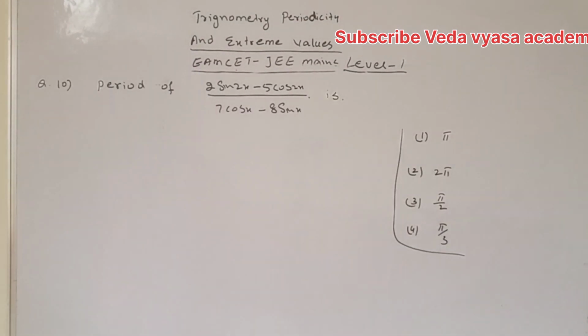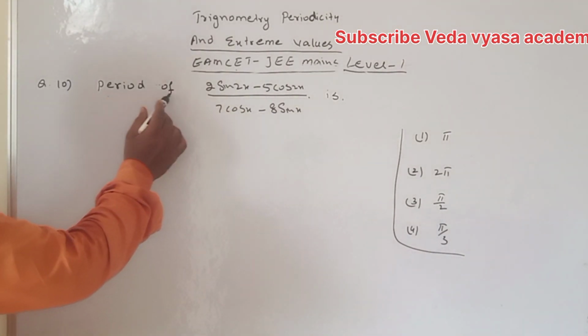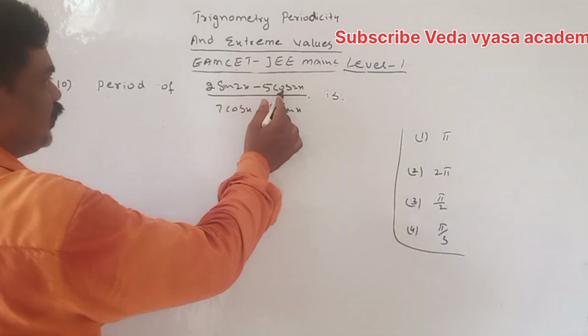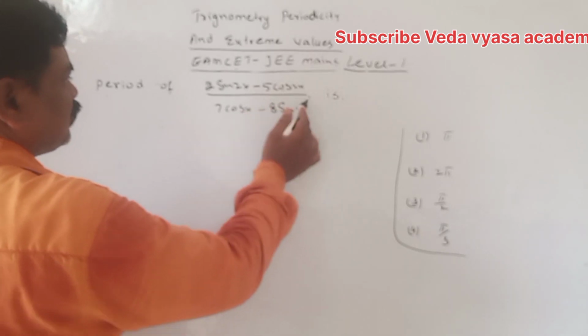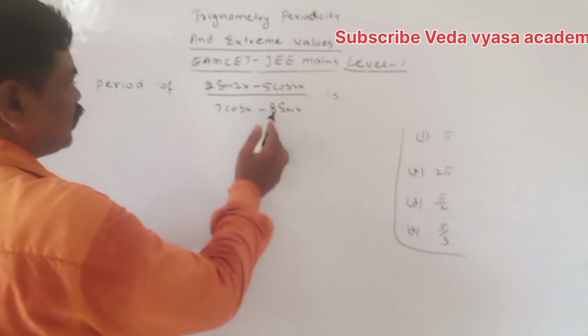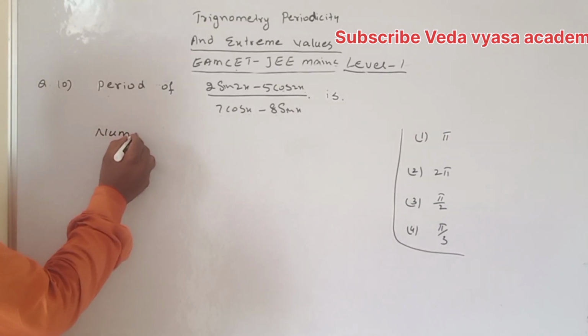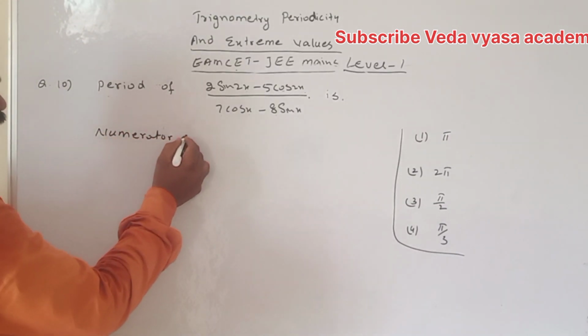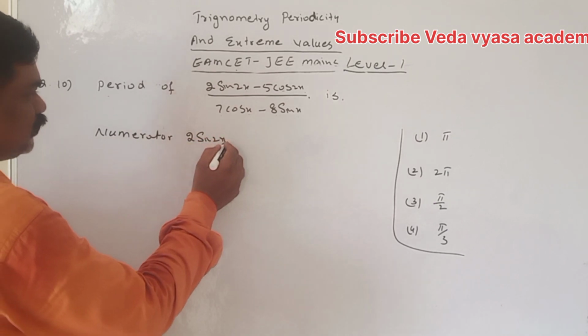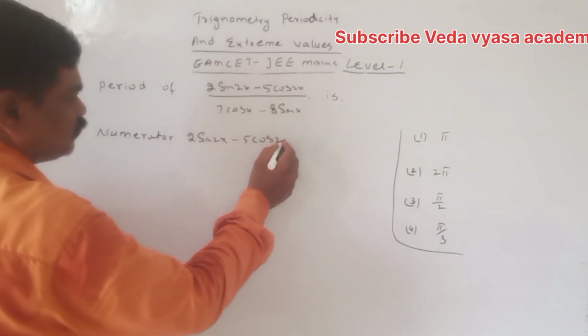Dear viewers, we have the problem: period of 2 sine 2x minus cos 2x over 7 cos x minus 8 sin x. Here the numerator is 2 sine 2x minus cos 2x.